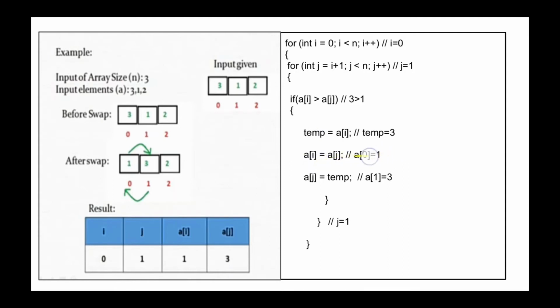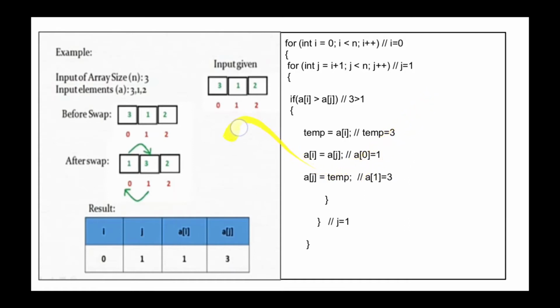Temporary is equal to a of i. The a of i value is 0. Then check the 0th location element is 3. So the element 3 is stored in the temporary variable. Okay. Then go to the next condition. a of i is equal to a of j. The a of j value is 1.